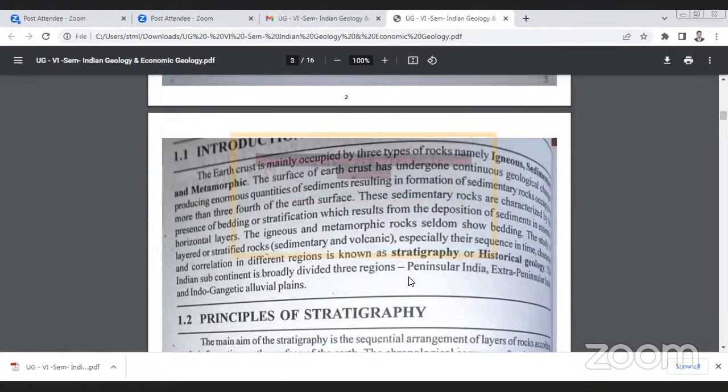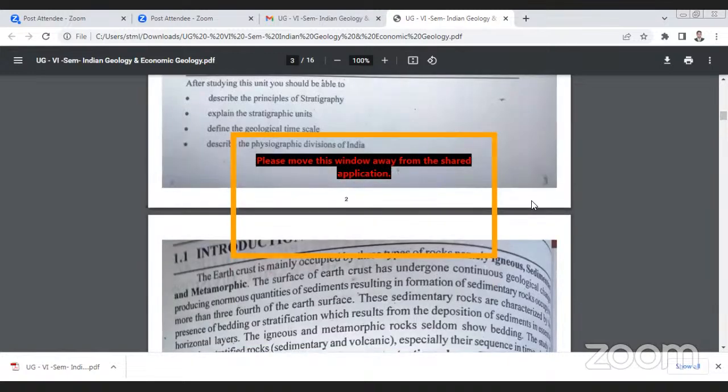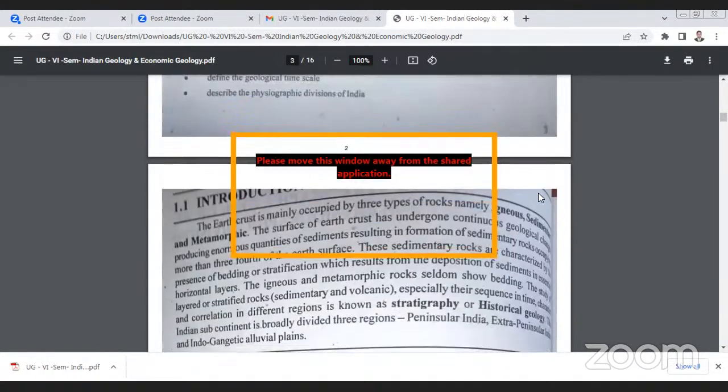Yes, the introduction part, we can see the formation of the Earth. The Earth's crust was mainly formed by three types of rocks. We know that one is igneous, the second is metamorphic, and the third is sedimentary formation.